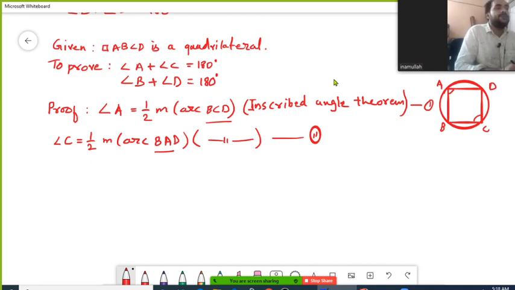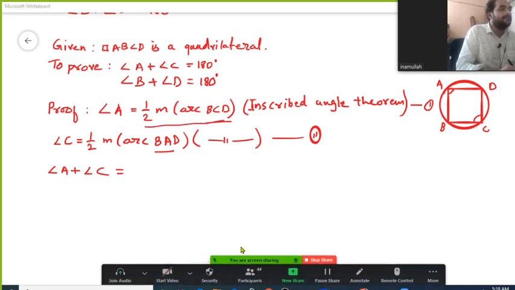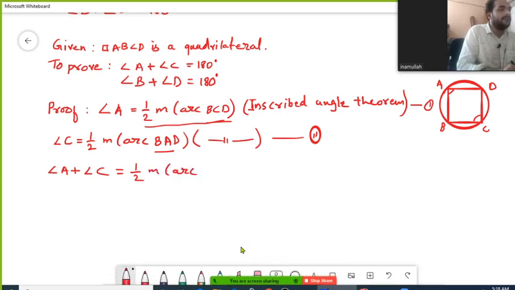When you add information 1 and 2, I can add angle A and C. So angle A plus angle C is equal to, angle A is actually half of BCD, so here we can take half of major arc BCD, plus angle C is actually half of BAD, so here I'll take half of major arc BAD.